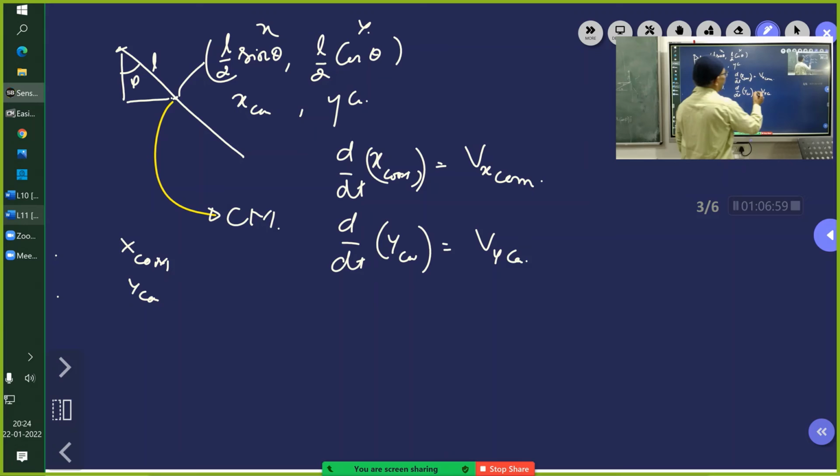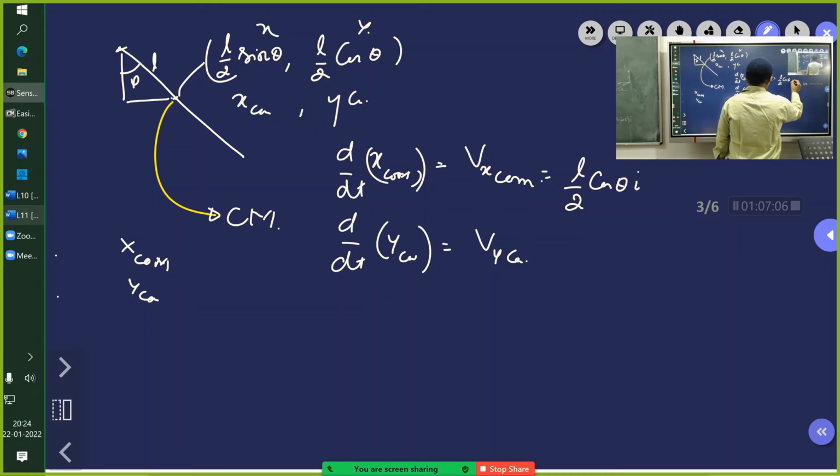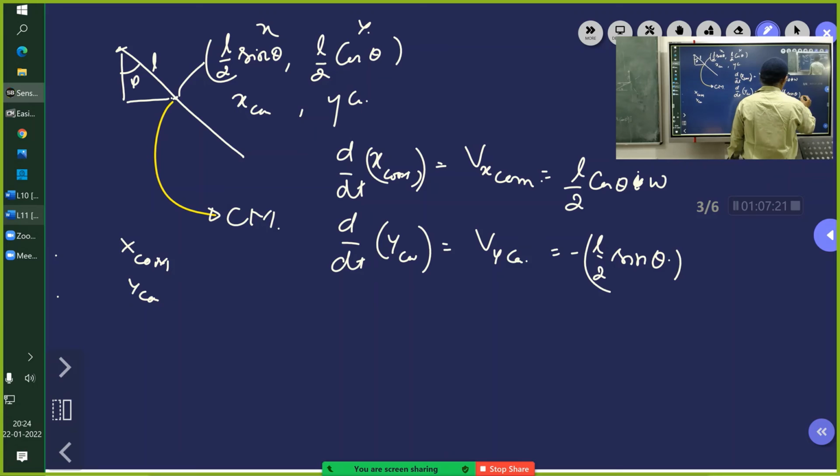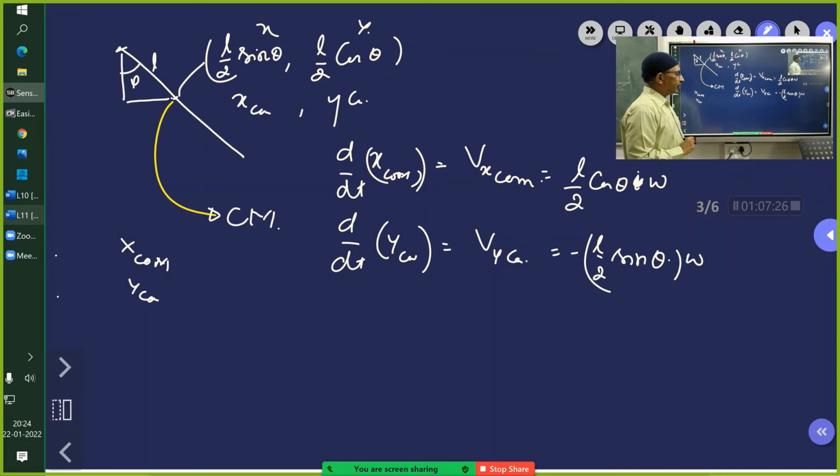If you differentiate the first one, you will get L by 2, and cos theta will give minus L by 2 sin theta, into d theta by dt, that is, into omega, because theta is changing. Got it? So therefore now, what will VCM be?